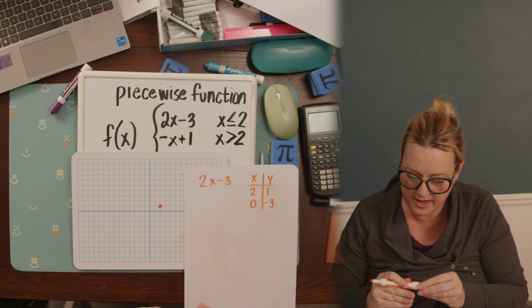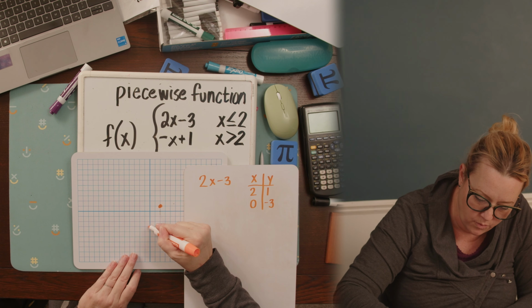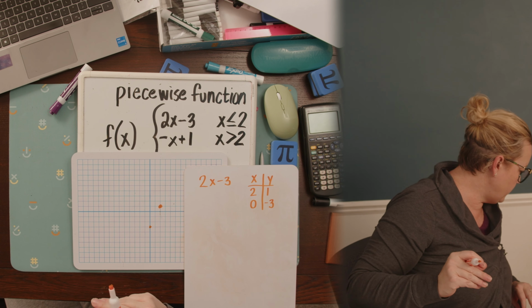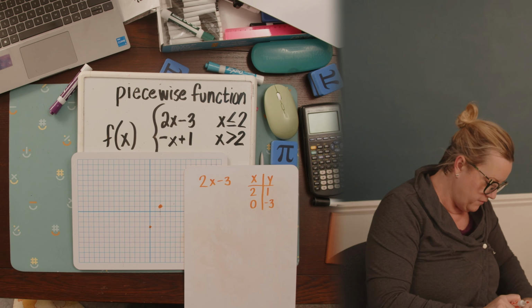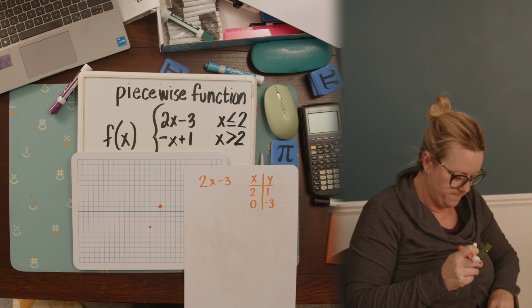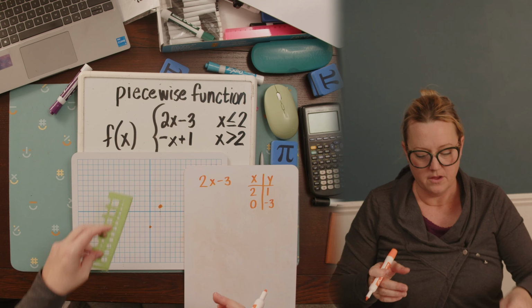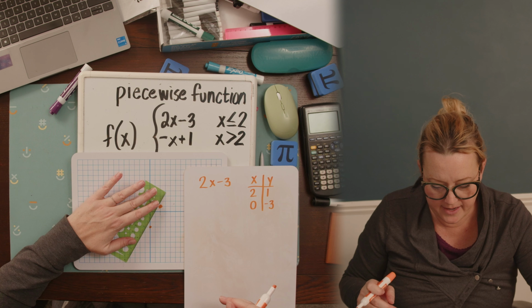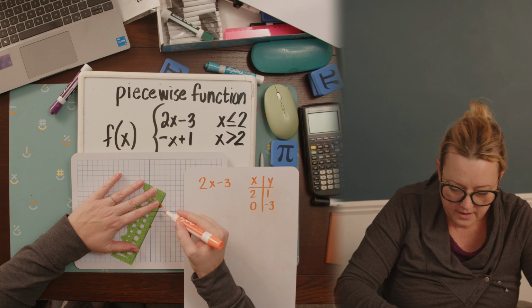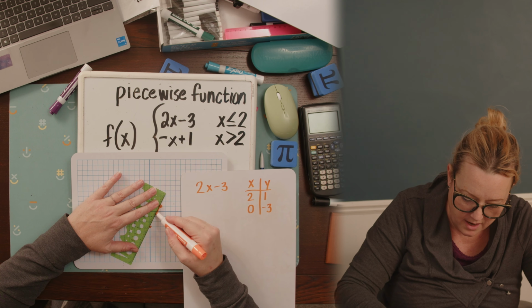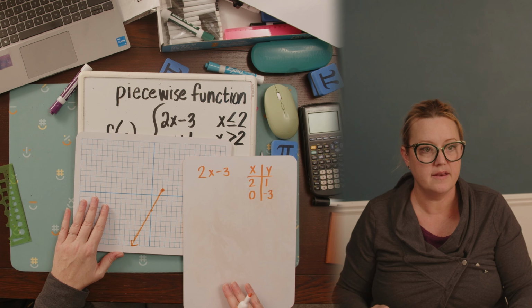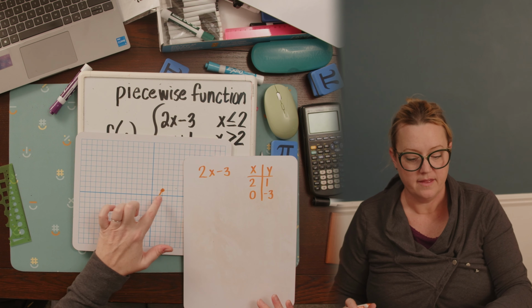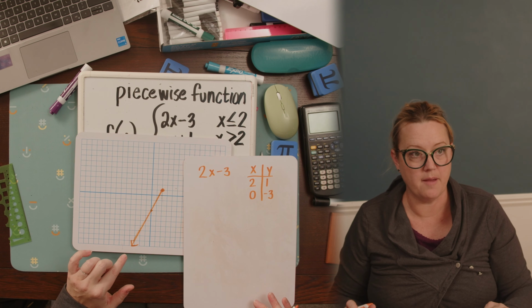Then I've got 0, negative 3, which is my y-intercept. Then I'm going to grab my little broken ruler, because I forgot to grab a ruler, and draw my line, just connecting these 2 dots. Got a little bit bloopy.